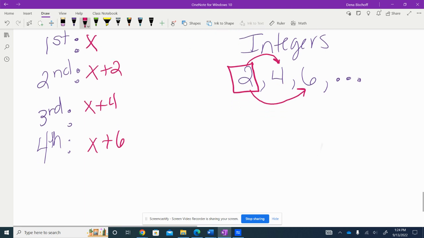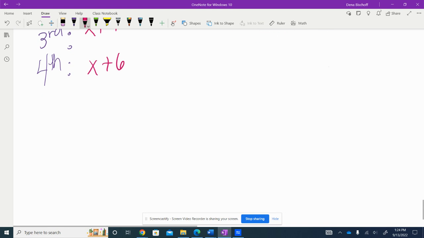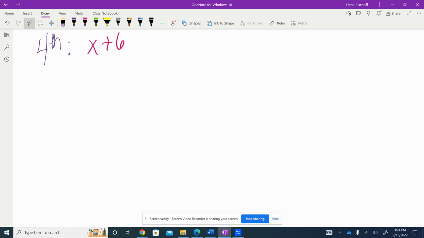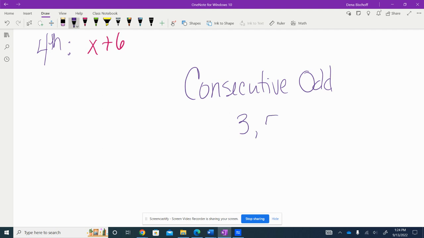So that's even numbers. What other kind of numbers do we have? Uneven. What are uneven numbers called? Odd. Who said that? Sebastian, good job. So consecutive odd are like 3, 5, and 7.